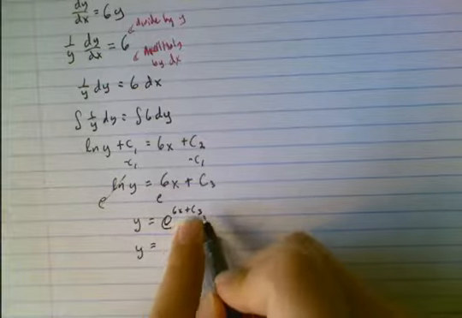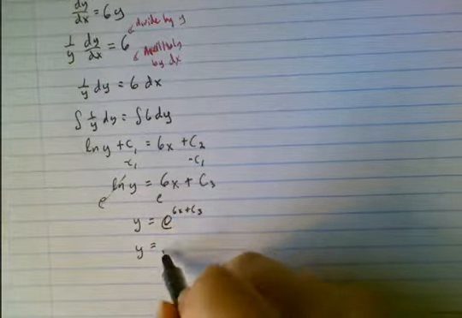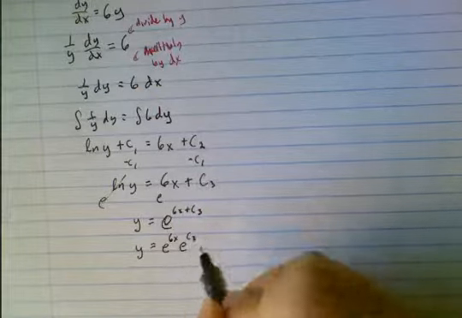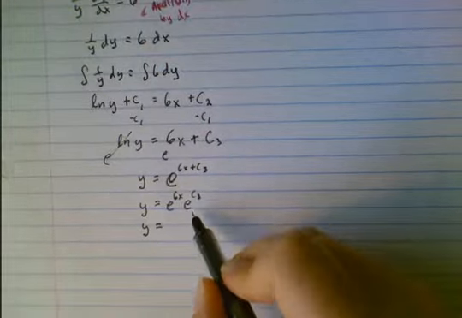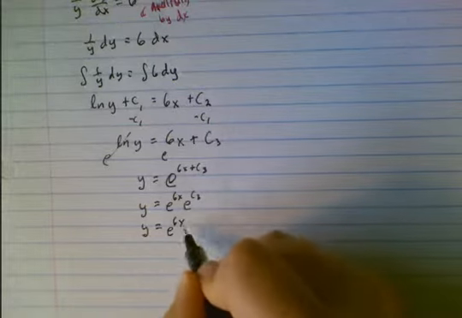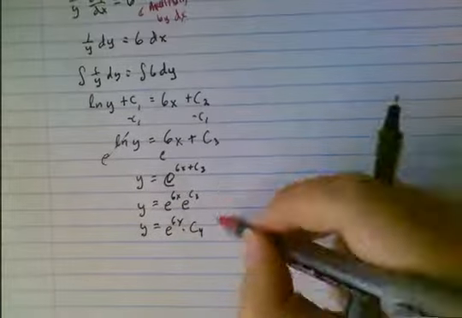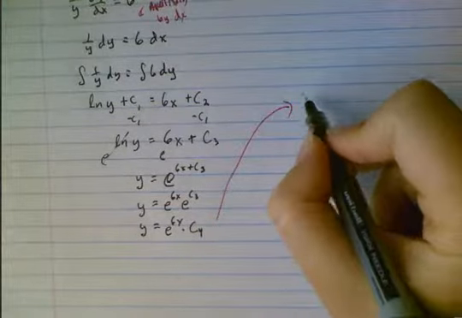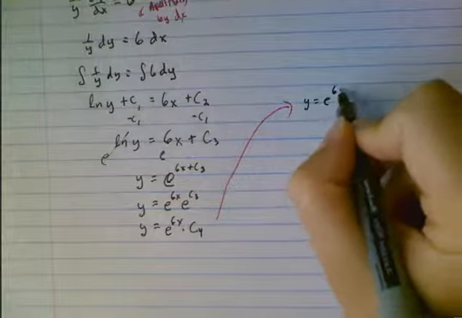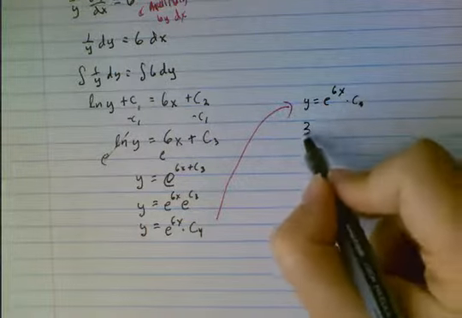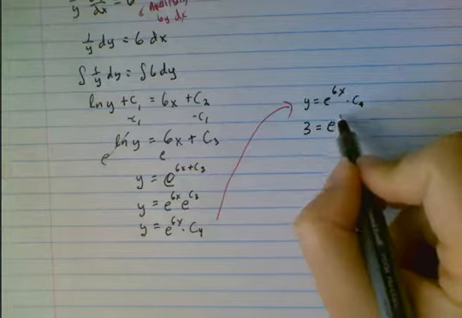Remember that adding exponents turns into multiplication if we write two bases. e to the c something is just some other number. And then we can come over and solve for c4. y equals 3, x equals 0.